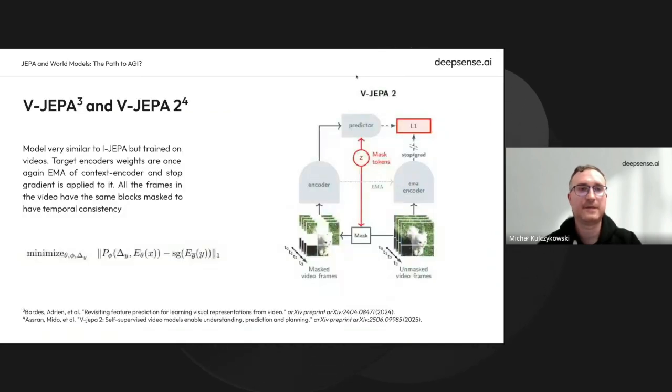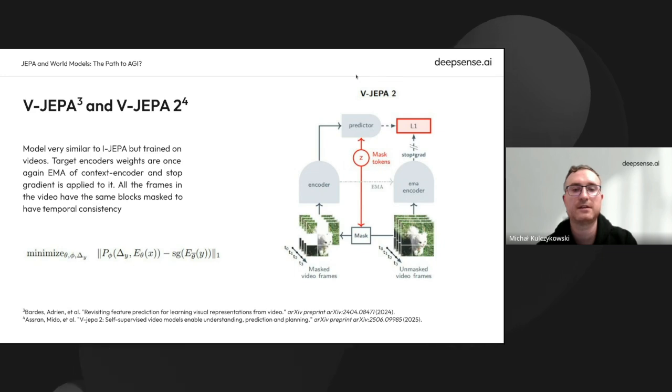Another approach is V-JEPA. This is JEPA trained on video frames. The approach is very similar. So the encoders are also vision transformers. The predictor uses masks to predict the masked regions.